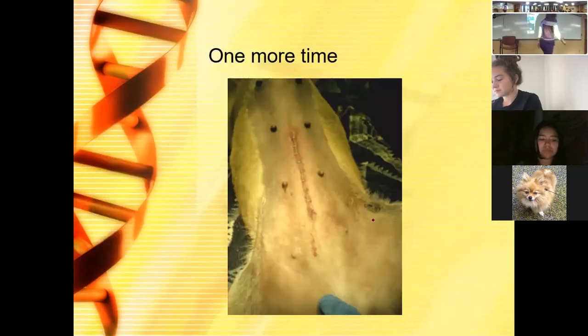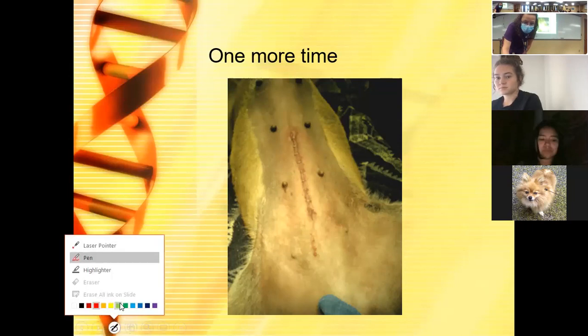All right, so here we have an animal that has had surgery. Get rid of that circle because that's going to drive everybody insane. There we go. That is not on the wheel. All right, first off, tell me what recumbency this animal is in. Dorsal recumbency.